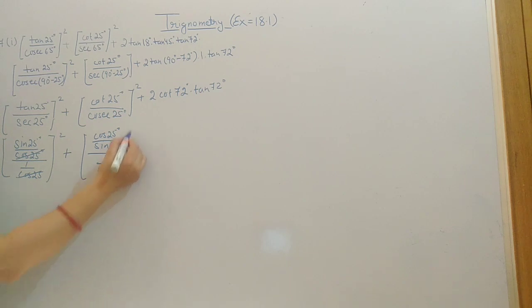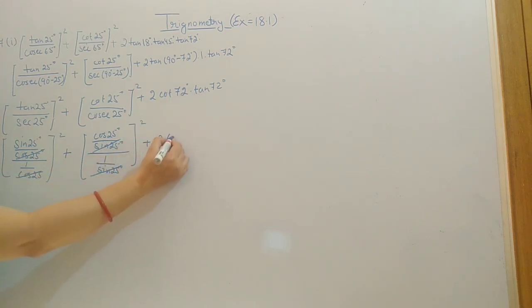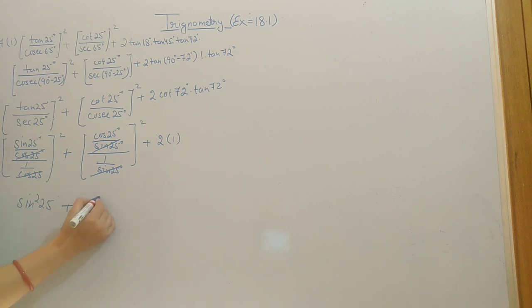Cosec means 1 by sin. So here this sin 25 will cancel out, whole square. Cot theta into tan theta will become 1. So 2 into 1. Now here only we have sin 25. It will become sin square 25 plus cos square 25 plus 2. And sin square theta plus cos square theta value is 1. So 1 plus 2, answer is 3.